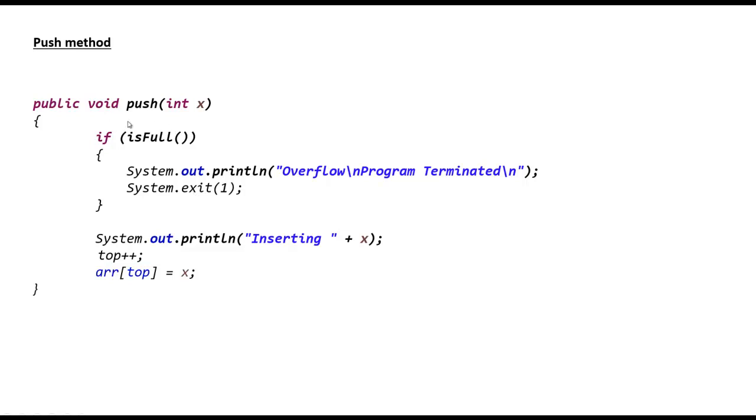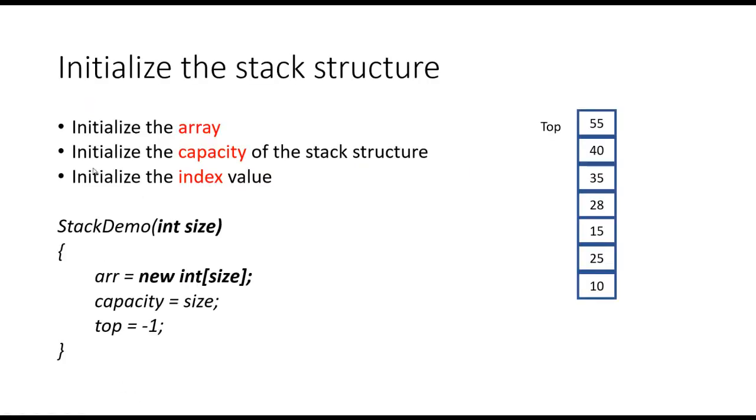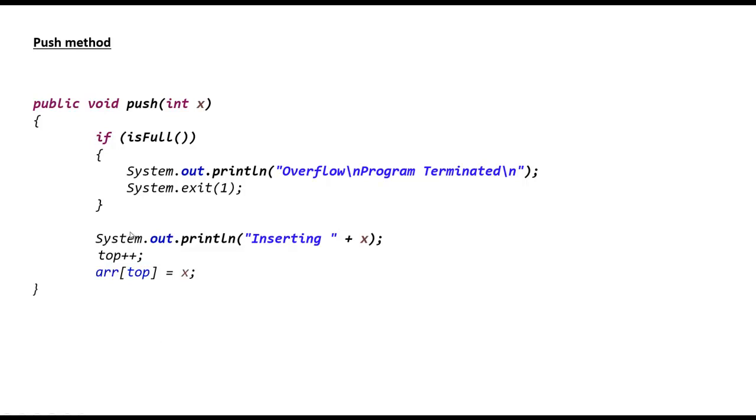Now if my stack is not full, the execution will go to the next line, and as you have seen at initialization time, I initialized the top value with -1. So whether I'm putting my first element or my next element, the first thing I have to do is increment that value.